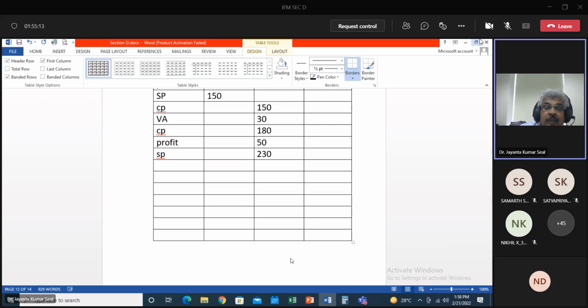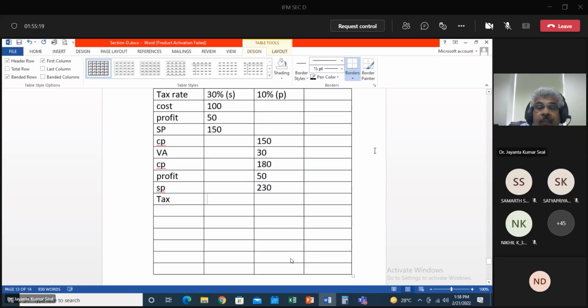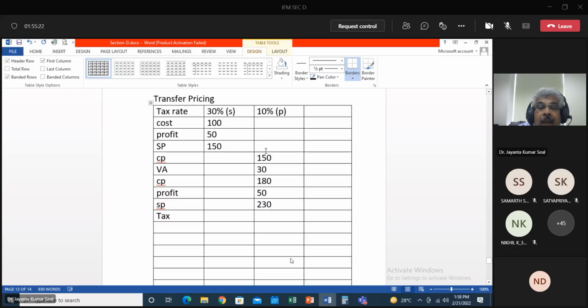Selling price 230. If you see tax, here how much taxes you pay? On 50, 30%, 15 rupees.